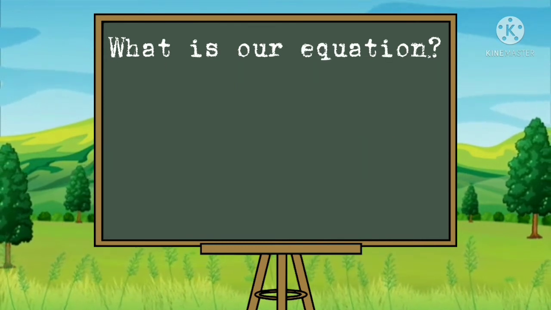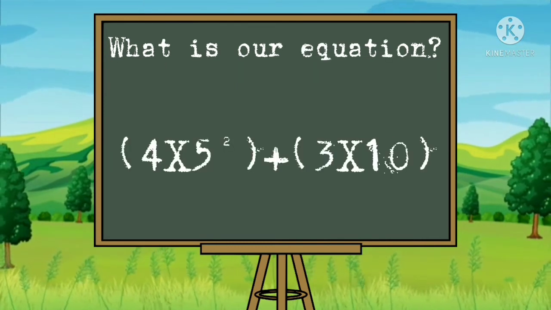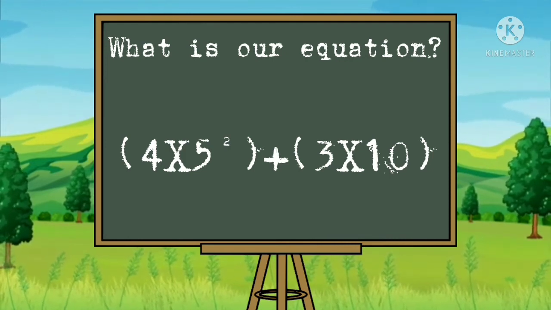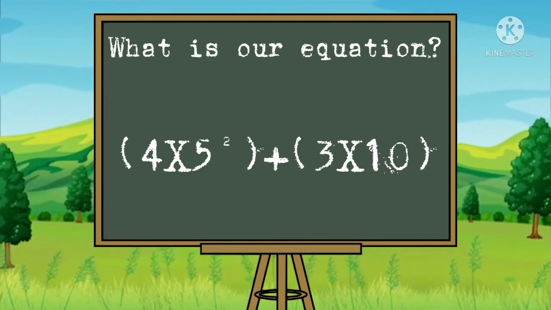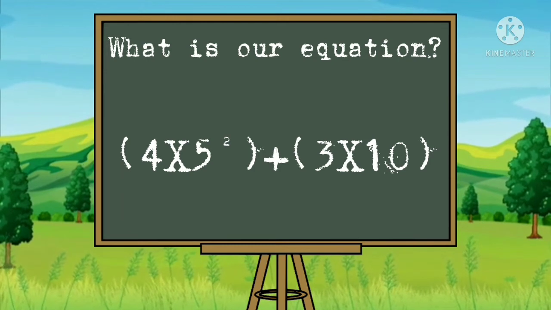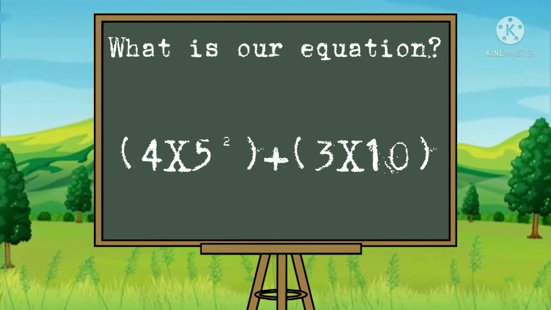And fourth, well, we have open parenthesis 4 times 5 squared, or 5 raised to the power of 2, and close parenthesis, plus open parenthesis 3 times 10 and close parenthesis.